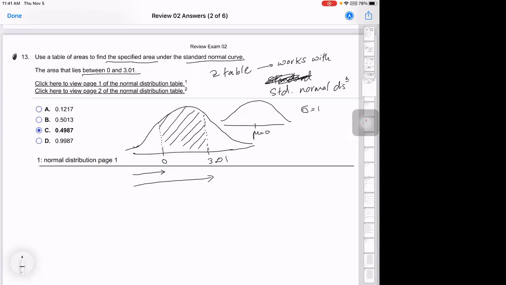Everything starts from left to right. So you take the area from the left to 0, and then the area from the left to 3.01. Then you can take the difference.